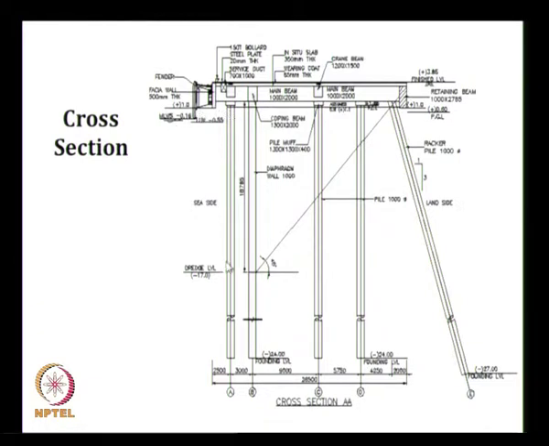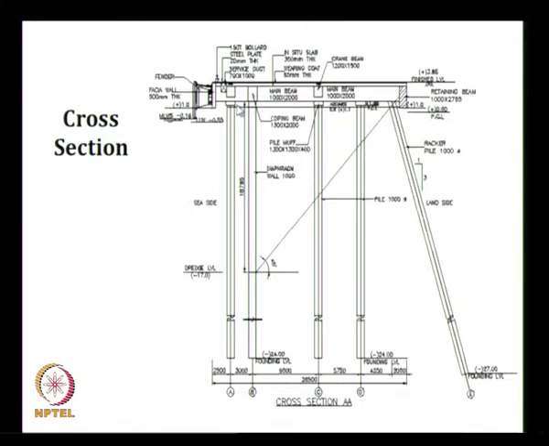This pile is having a dredge level here, so the length is more here. This pile, this much portion is in the active zone, there is no support. This is a shorter pile, this is a longer pile.